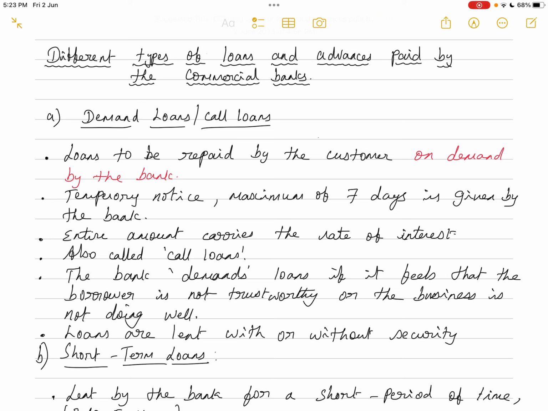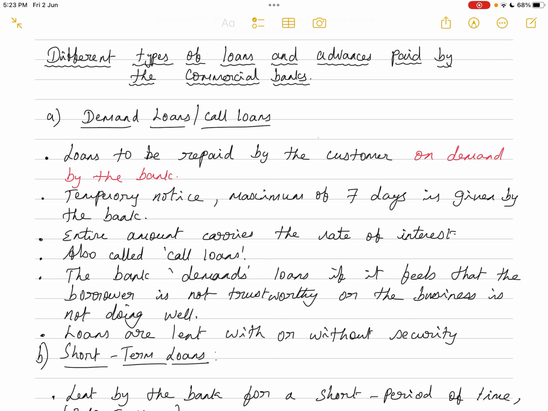If the bank feels insecure that the customer might not repay the loan back to the bank, at that point of time the bank can demand from the customer to repay the loan back within a very short period of time. That is at the most maximum only 7 days notice is given to the customer. Okay, so this is the demand loans, and these loans are lent by the bank with or without the security.